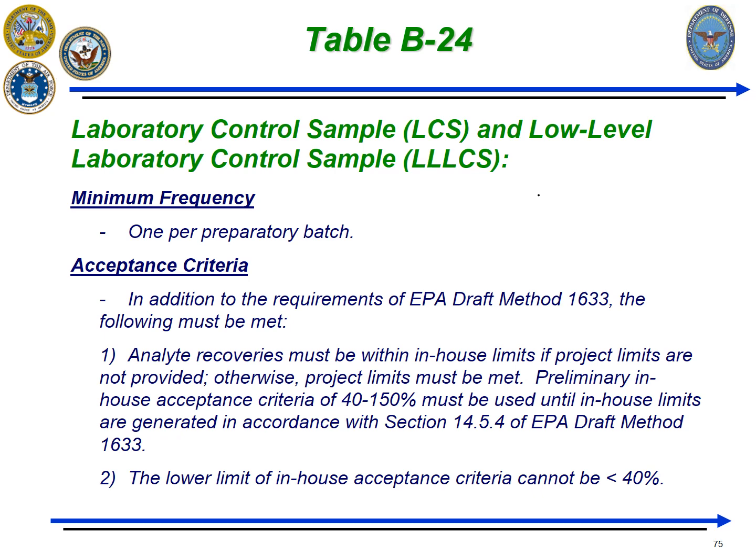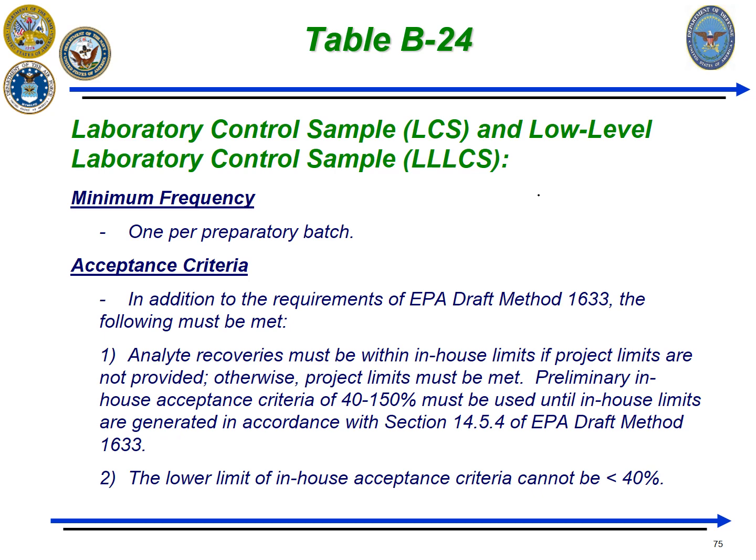So to provide our projects with some baseline criteria for the OPRs, LLOPRs, LCSs, LLLCSs, whatever you want to call them, they're all the same thing, we provided in Table B-24 some general criteria that need to be followed.